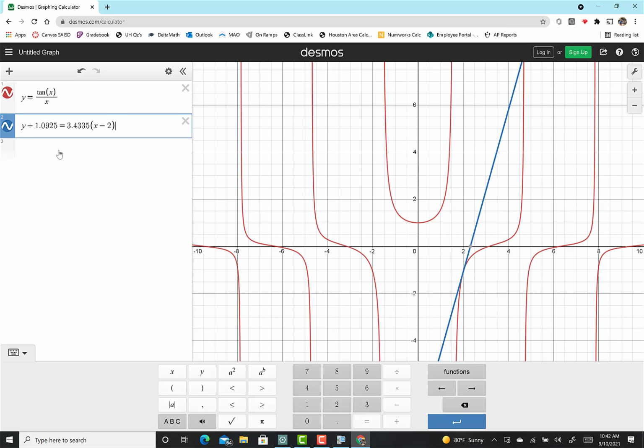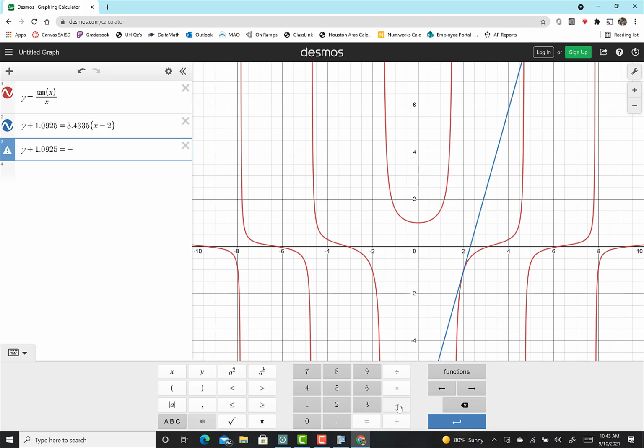Now, let's see if we can do the normal real quick. Chavez, we can do it real quick right here. I'm going to do the same thing. It's the same point, right? y plus 1.0925 equals, now how are my normal and tangent related? Opposite reciprocal.